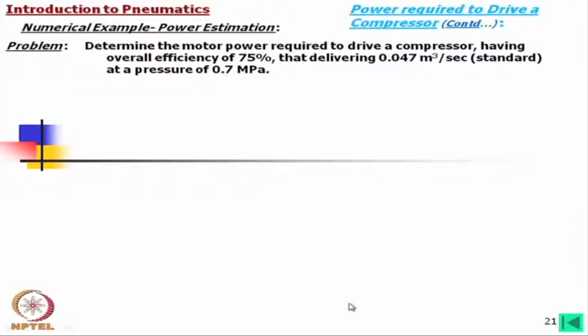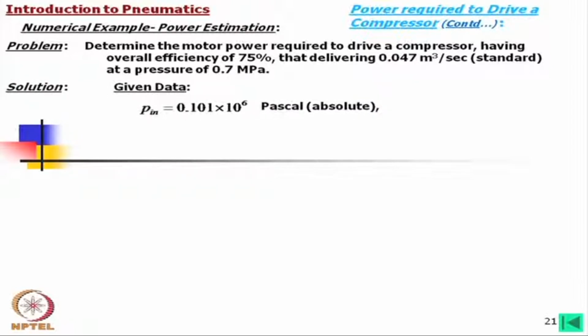And again, if we consider another problem: determine the motor power required to drive a compressor having overall efficiency equal to 75%, delivering 0.47 meter cube per second at a pressure of 0.7 megapascals. So, these are the given data.